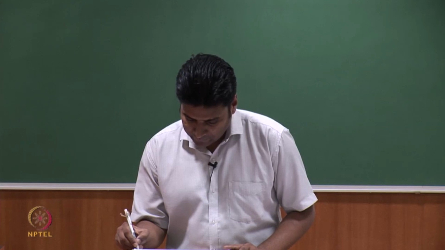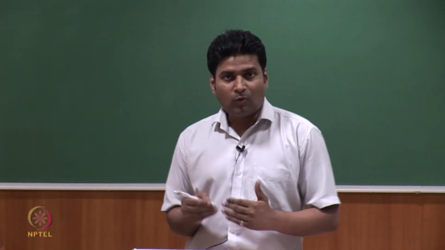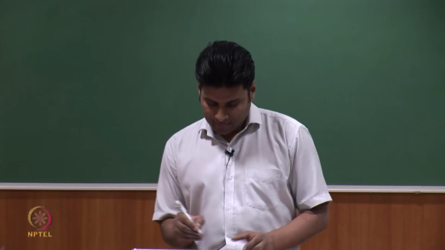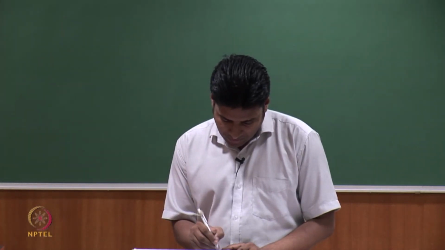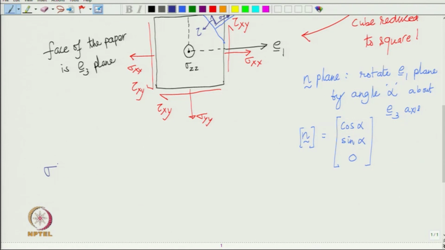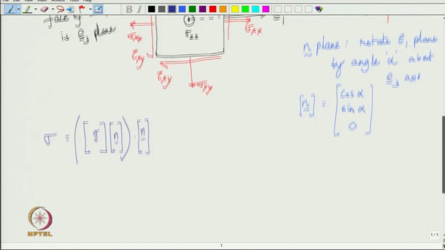So, what will be sigma? So, for sigma we then use the formula, right, which is simply sigma matrix into n, and then you dot it with n. So, plug in all the values.